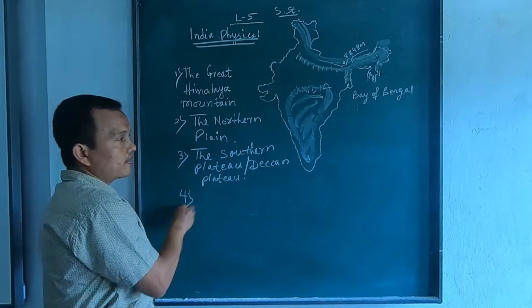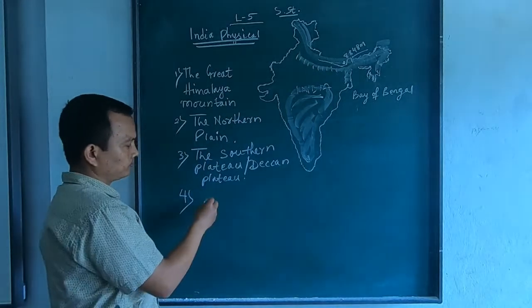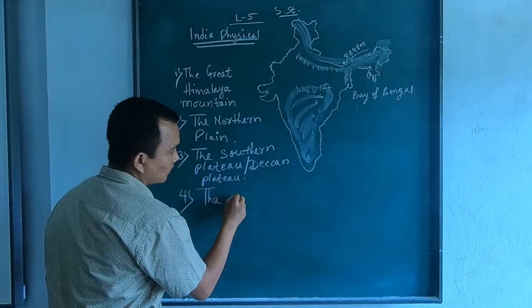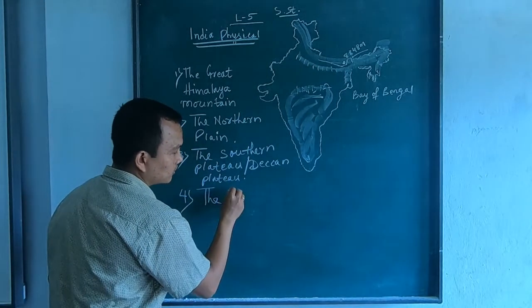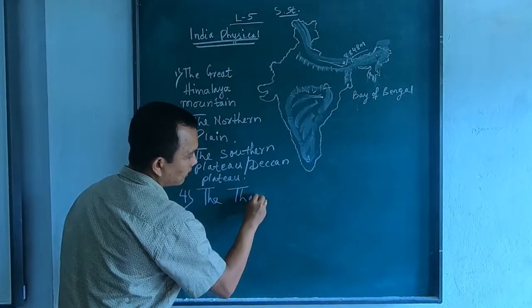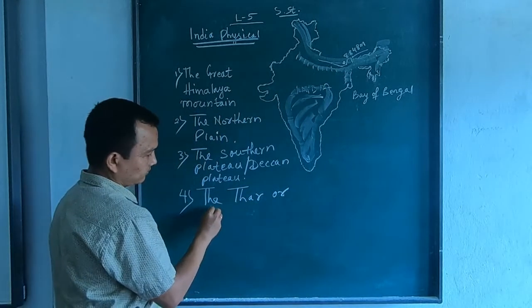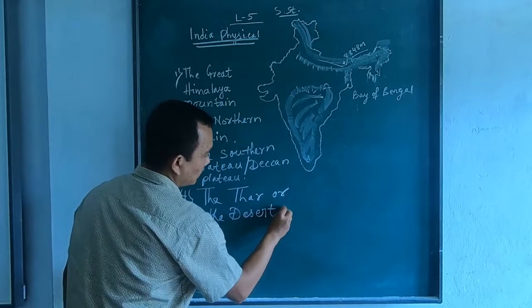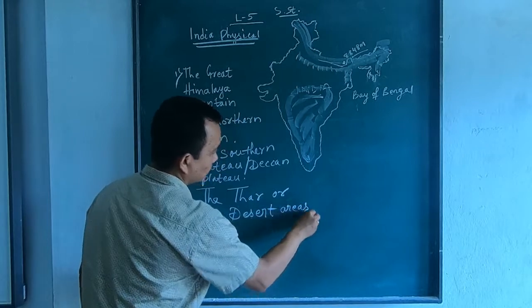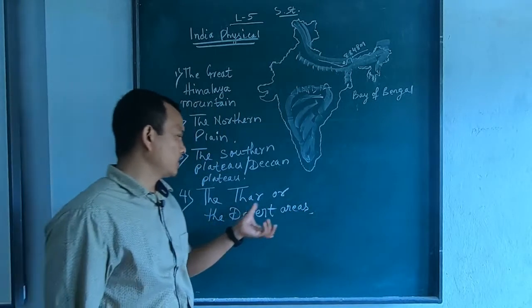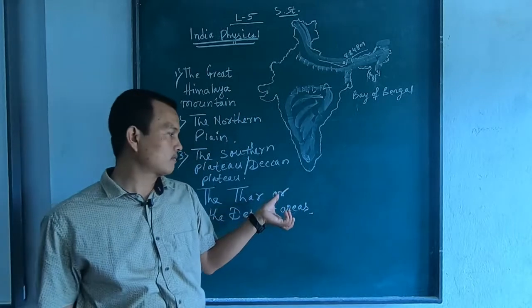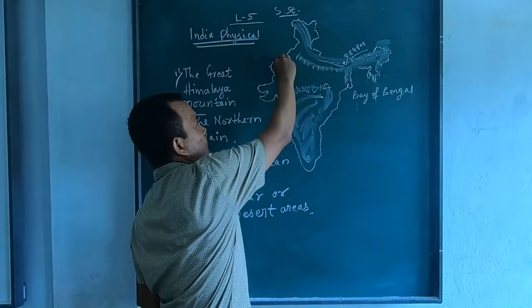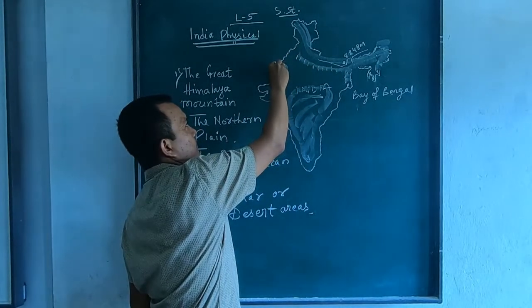And the fourth one, that is the Thar or the desert areas. The Thar or the desert areas, this particular area is found in the state of Rajasthan.